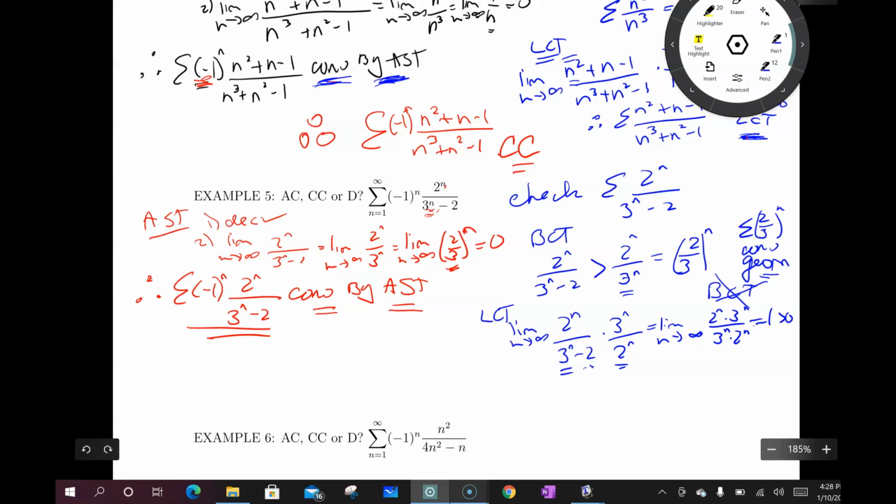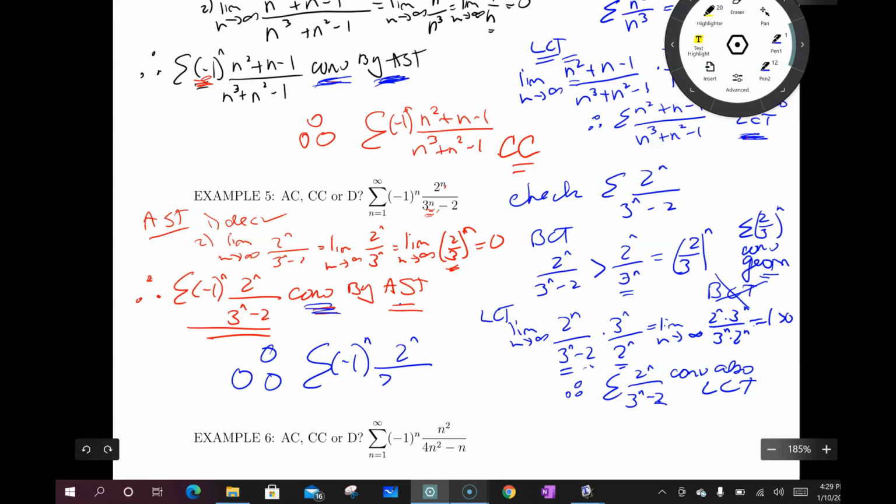That's bigger than 0, and it's not infinity, so therefore I get this converges also by limit comparison test. Okay, so positive part converges, and it converges by AST. So my big therefore is that this one is absolutely convergent.